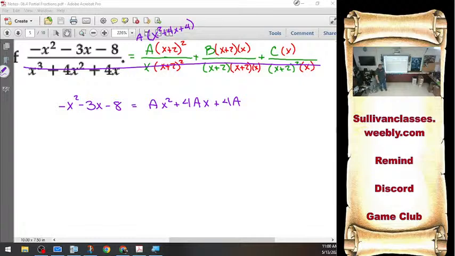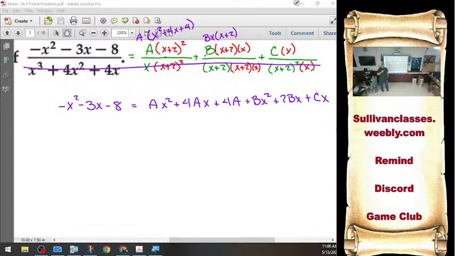And then, y'all cool if I just say bx times x plus 2? Right? Multiplication's commutative. So we'll have plus bx squared plus 2bx, and then at the end just cx. You see how we're getting this big long chain of alphabet soup.